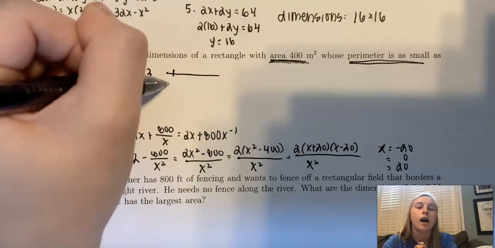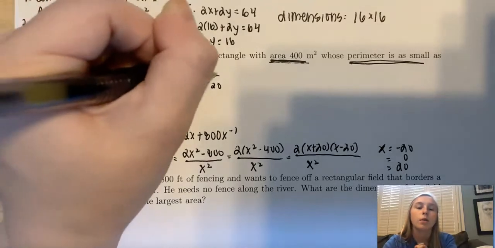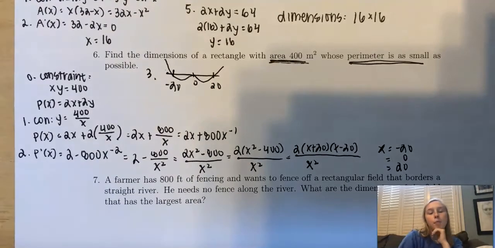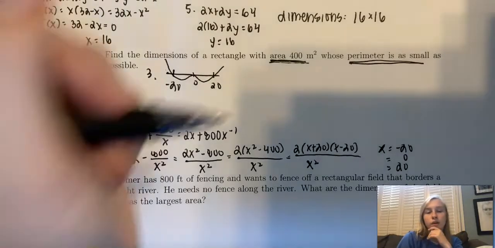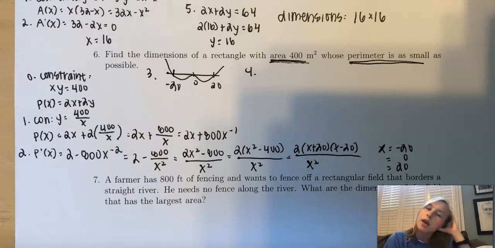Number 3, finding the sign chart. Once again, it looks like a W. The function's positive, so that's why it's a positive parabola, and it bounces at 0 because it's squared. Watch the sign chart video if you're confused about what I'm talking about. And you might be asking yourself, how do you know which 0 to focus on?